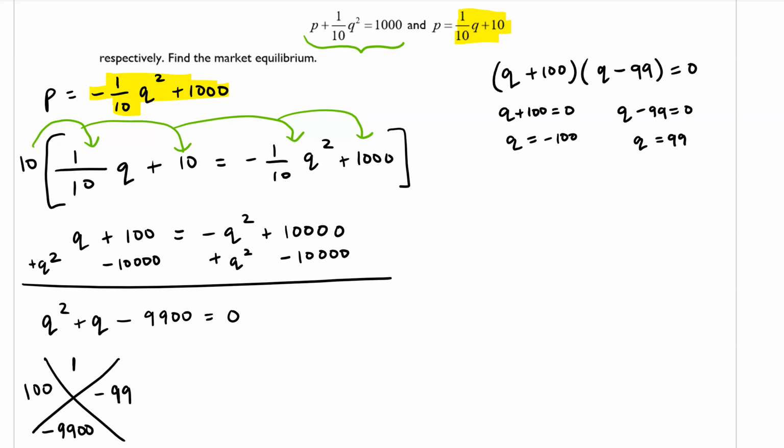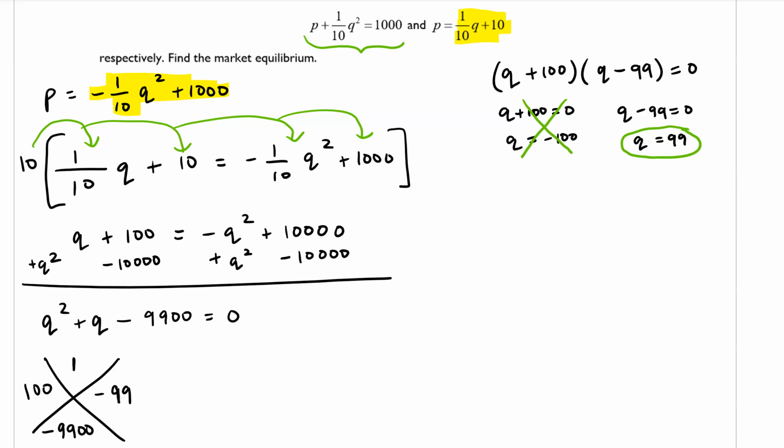So the negative solution doesn't make sense in the context of this problem. We only want to concern ourselves with the positive solution. Okay, so we have the quantity that will give us market equilibrium.